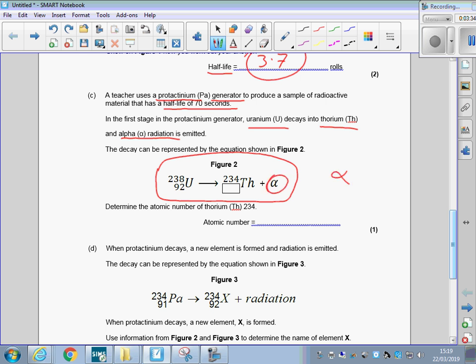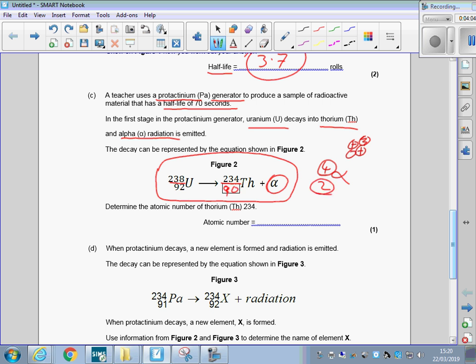So our alpha is 2 protons and 2 neutrons. That's an alpha particle, and that means it has a mass of 4 and an atomic number of 2. And look at our uranium. Our uranium has started with a mass of 238, and it's turned into thorium, which has got 234. So it's lost 4 mass. And it's also going to lose 2 protons.